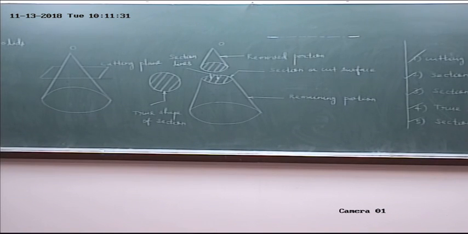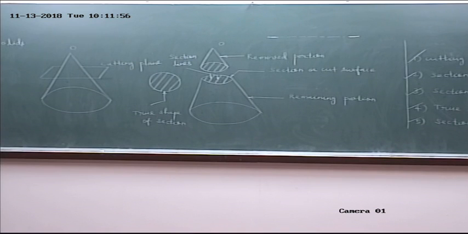To understand the 6 possible positions, refer to the projection of straight line. Instead of a straight line, you have to use the axis. So the axis of the solid is kept perpendicular to HP, parallel to VP, the first position. Second position, axis of the solid is kept perpendicular to VP, parallel to HP. Third, parallel to both HP and VP.